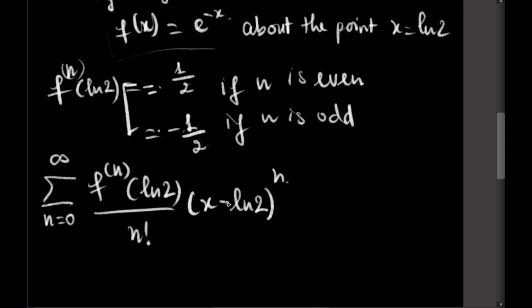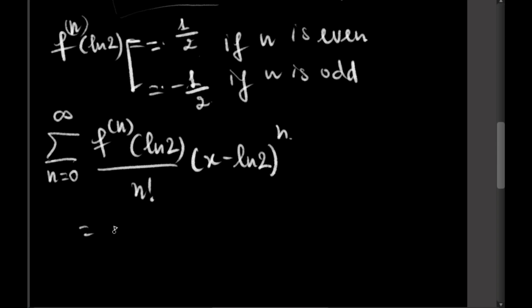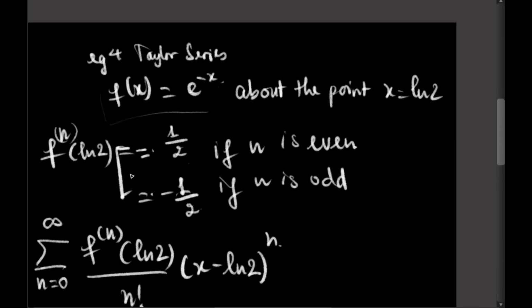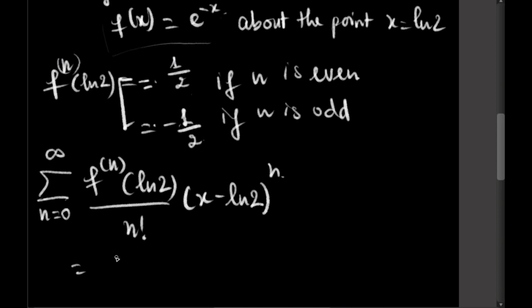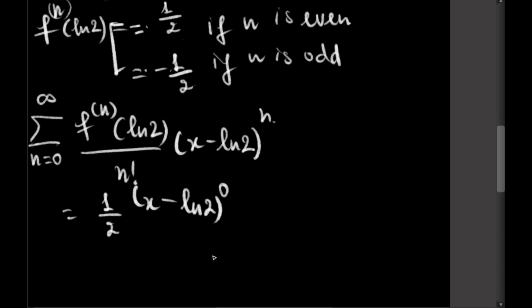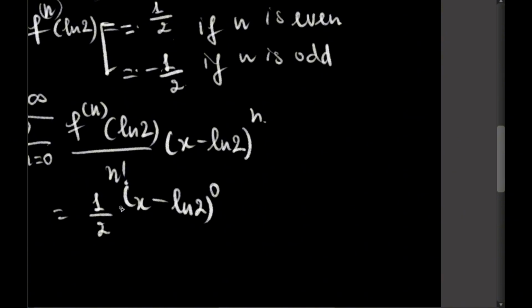This is what we have, and it's going to equal, let's say when n equals 0, it's going to be f(x). Well, here obviously it's even, right? So we have 1/2 over the factorial of 0, which is 1. I'm going to actually write that in here. x minus natural log of 2, to the power of 0, right?